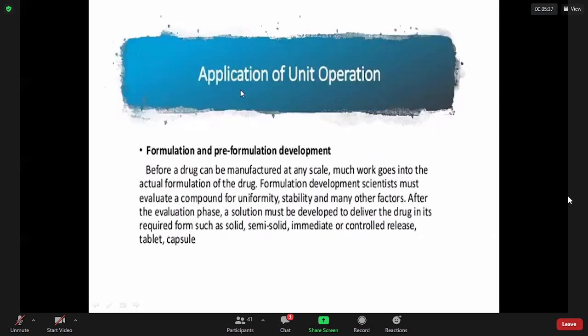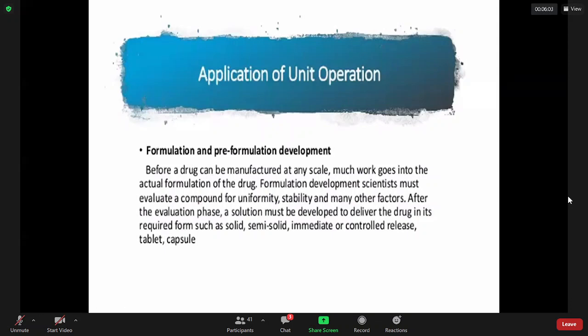Now, how do we apply unit operations in the manufacture of drugs? We use these unit operations in formulation and pre-formulation development. Before a drug can be manufactured on this scale, it goes into the actual formulation of the drug.